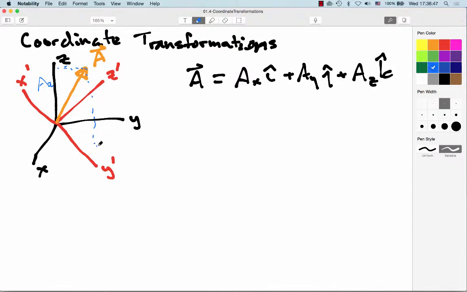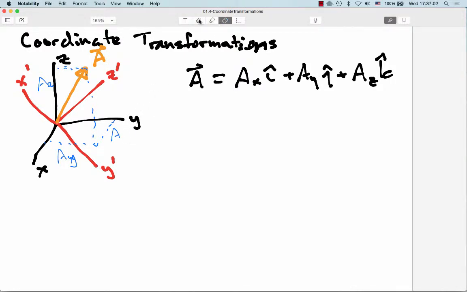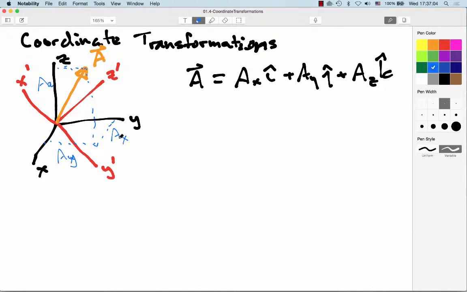Okay, we project into the xy plane, we project back to the y-axis, that would be my Ay. Project back to the x-axis, this would be my Ax, like so. Okay, and for my unit vectors, this would be my i, this would be my j, and that would be my k hat right there.